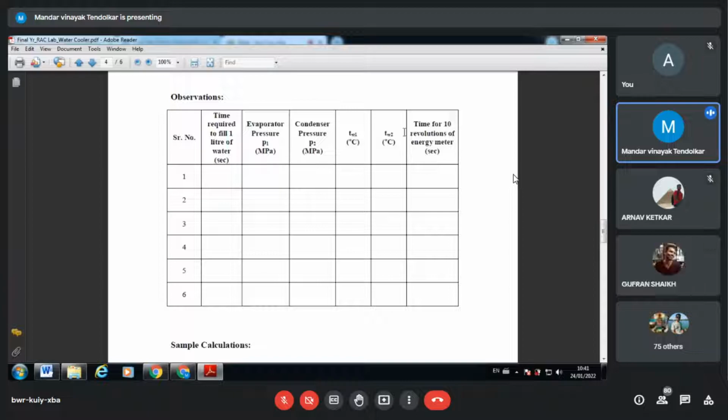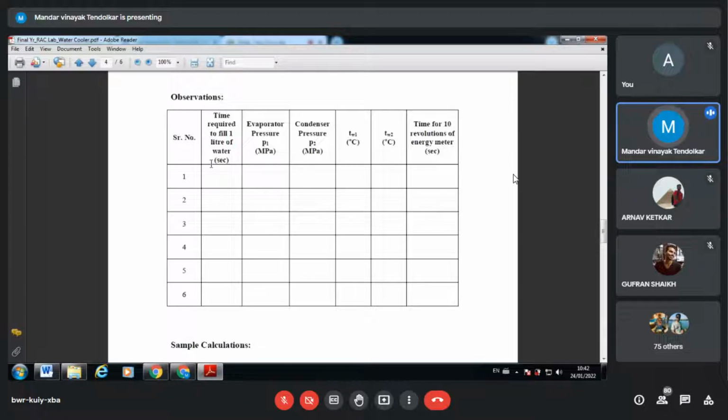Yes, sir. And the last column is the time for 10 revolutions of the energy meter. So we will take the reading for 10. Why 10 revolutions? Because we have to take the average basically. We will take this reading and convert it into the corresponding watt or kilowatt reading directly.